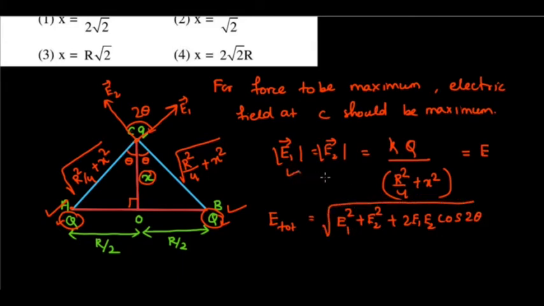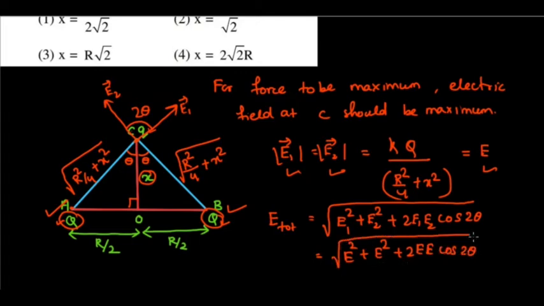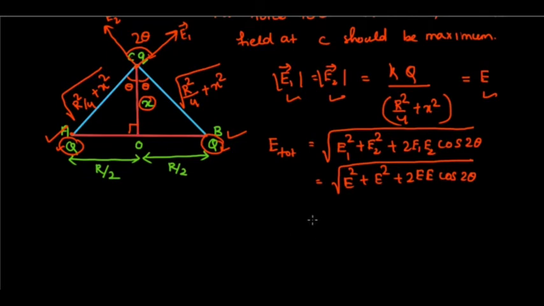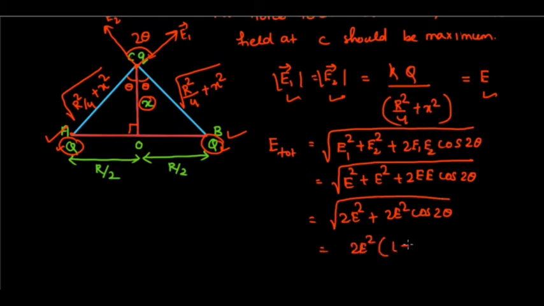And here you can see that E1 is equal to E2 is equal to E. So you can write square root of E square plus E square plus 2E square cos 2 theta, that is equal to square root of 2E square plus 2E square cos 2 theta, that is equal to square root of 2E square, taking common, 1 plus cos 2 theta. 1 plus cos 2 theta will be 2 cos square theta, and then give a square root symbol here.